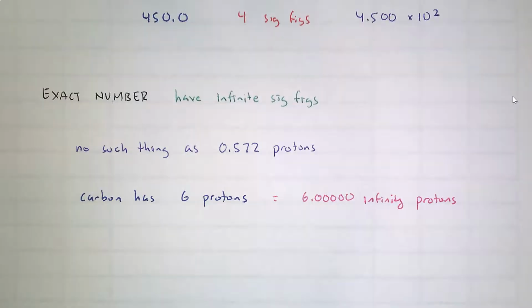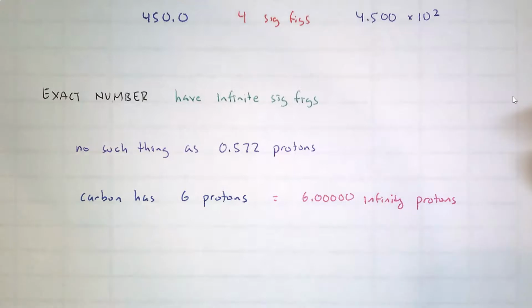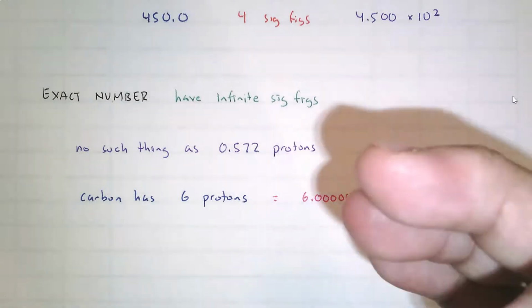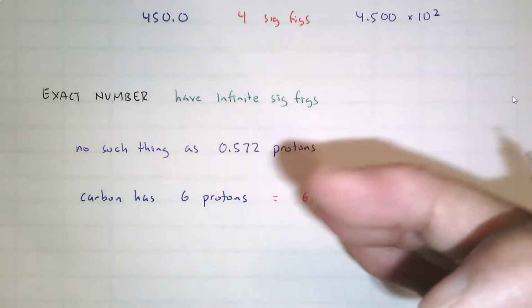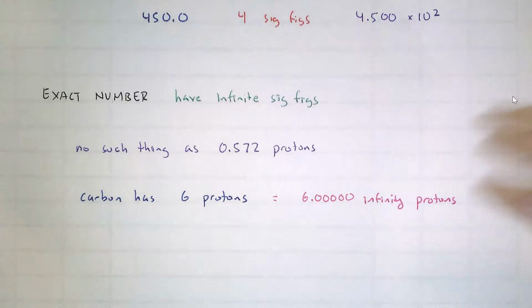Is that super important? Maybe not in this video right now, but in the next video when we do calculations, we have to know the certainty of each number, because when we report the very last final answer, our final answer has to reflect the certainty of our numbers.